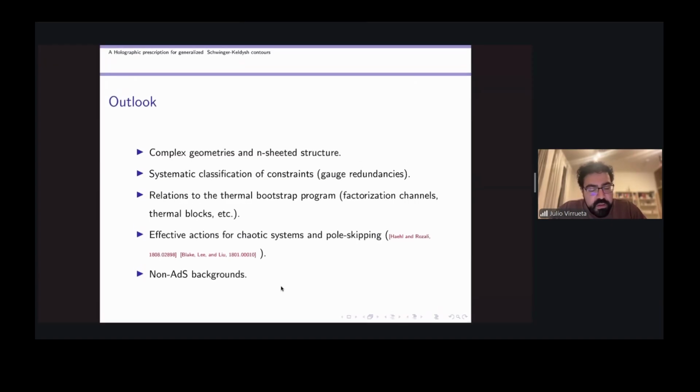As I mentioned, for future work, something that was a bit frustrating is that one needs to work with just piecewise coordinates. I need to have a different coordinate system for my black holes. In the case of the Schwinger-Keldysh contour, I could introduce a single radial coordinate that has a two-sheeted Riemann surface structure, and that allows me to have a single complexified coordinate for the full two-sided geometry.